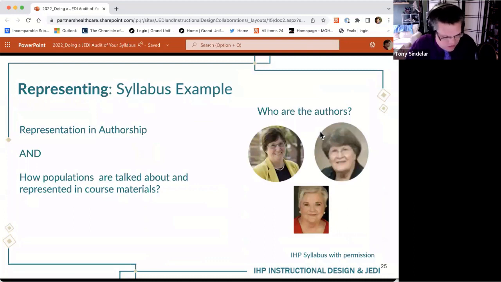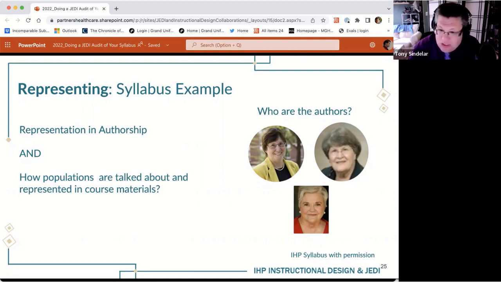The last section here for equity-minded practice that we want to talk about before we move on to some activities is the idea of representing. And there are 2 aspects to this. There's representation in authorship: who are the authors of the various works that you're using in your course, textbooks, articles, any readings, videos, etc.? And then also thinking about how different populations are represented in the materials that you are sharing.